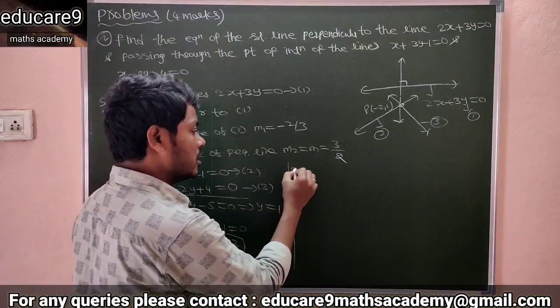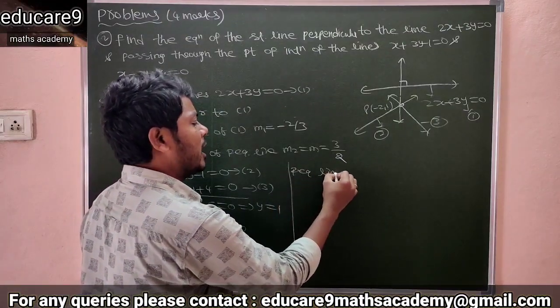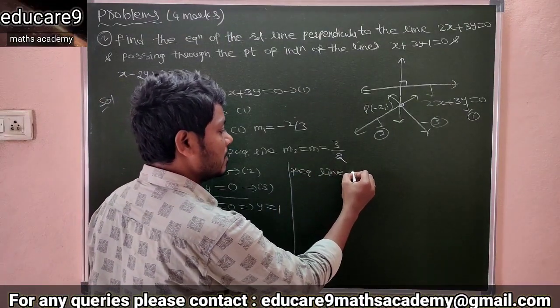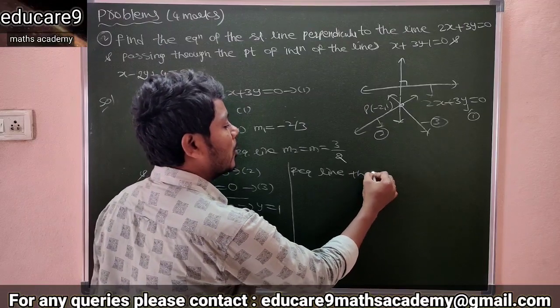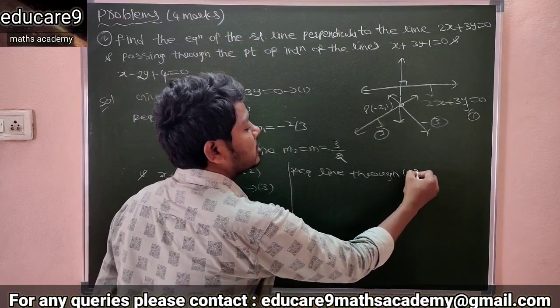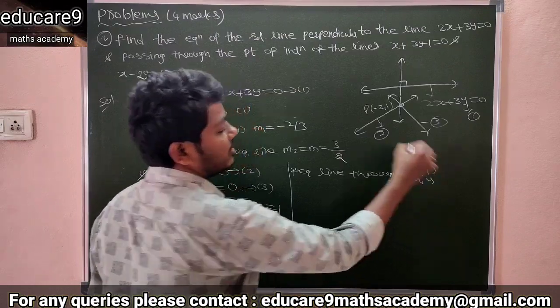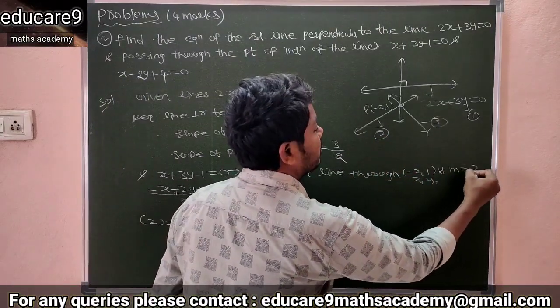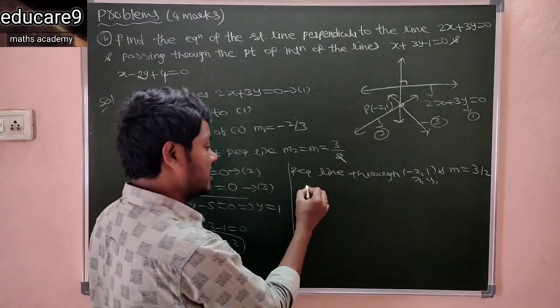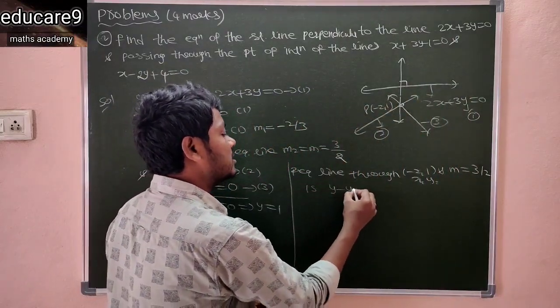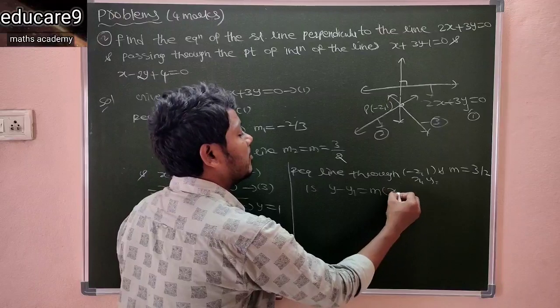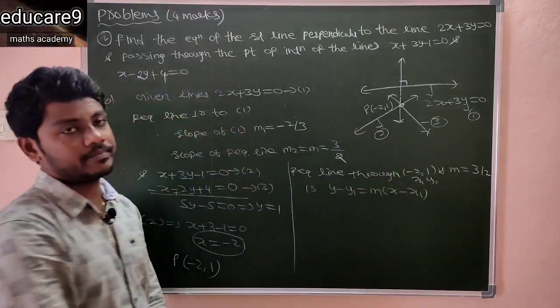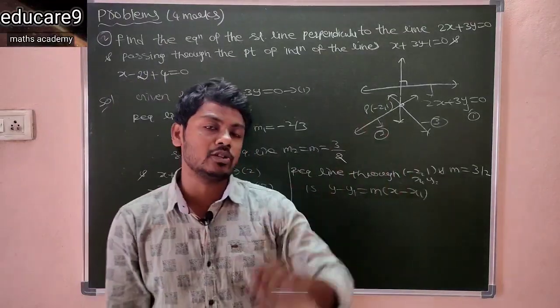Therefore the required line passes through minus 2 comma 1, this is x1, y1, and has the slope 3 by 2. Y minus y1 is equal to m into x minus x1. Substitute x1, y1 and the slope m.